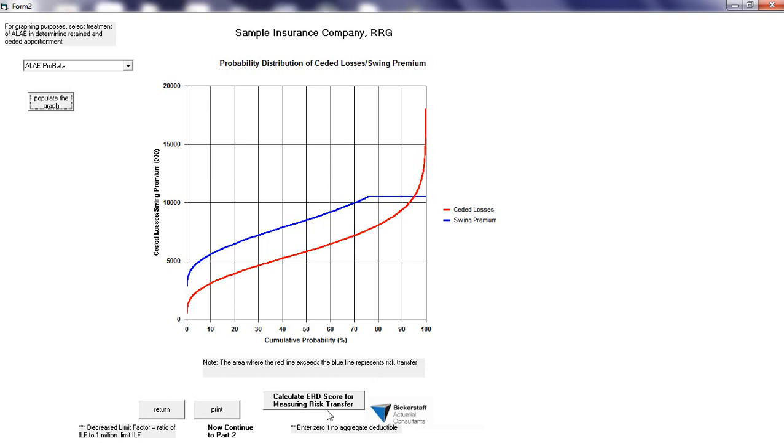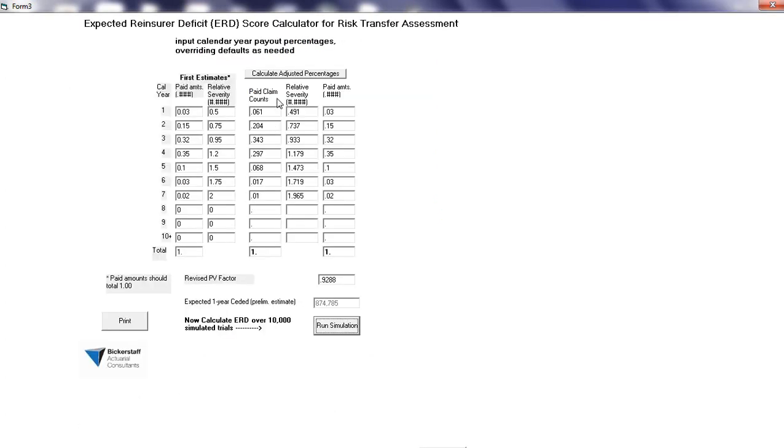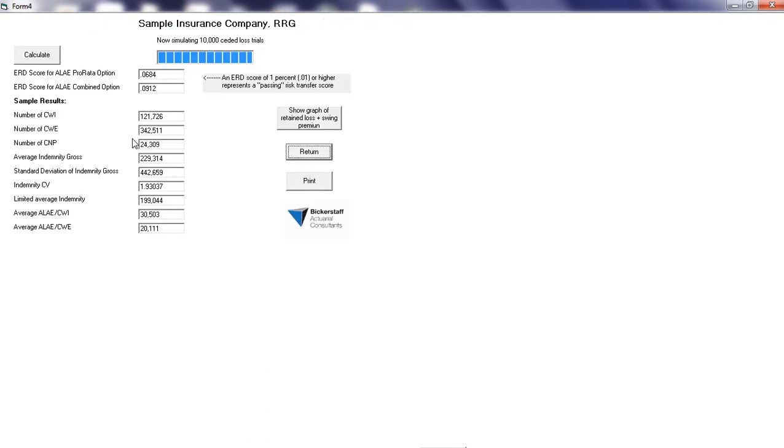In fact, if we were to recalculate what the ERD score is using these same percentages, run that simulation again, this is where we left it, 6% and 9%. If we recalculate it now using the $10 million premium volume, the ERD comes down quite a bit, 2.8 and 4.4%.